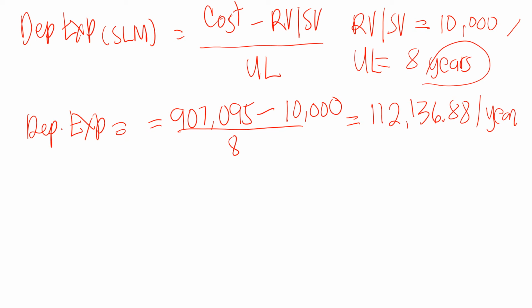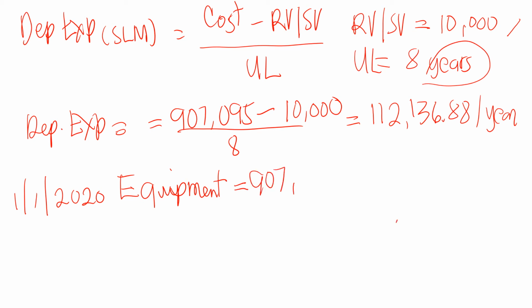So assuming this is January 1, 2020, to make it simple, we're going to debit the asset, equipment, 907,095.